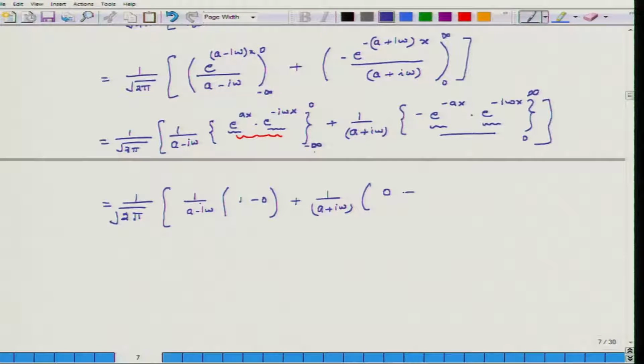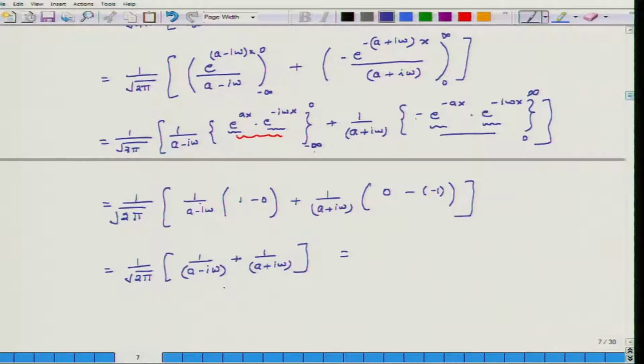Because of this minus term, times minus 1, I get this. So, this is 1 over square root of 2 pi times 1 over a minus I omega plus 1 over a plus I omega.